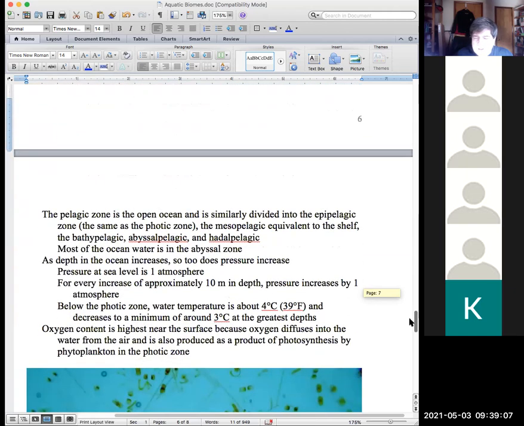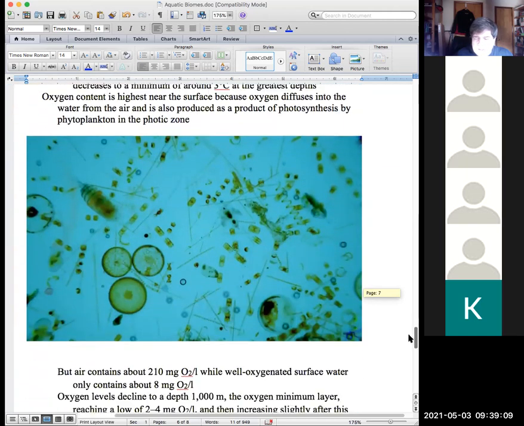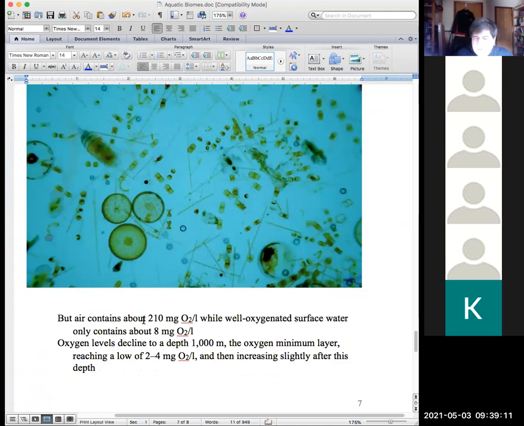So when we look at these oxygen levels, if we want some numbers to think about comparing them, there are about 200 milligrams of oxygen in 1 liter of air. If we look at water right at the surface where it's well oxygenated, there's only about 8 milligrams of oxygen in 1 liter of water. So notice air has about 25 times more oxygen than the water does.